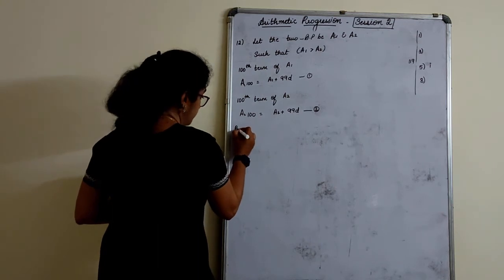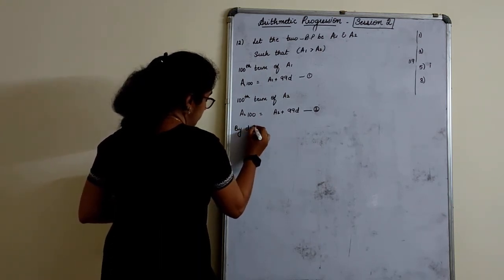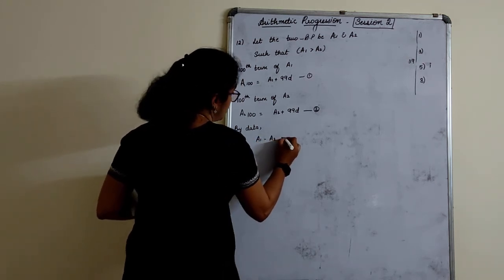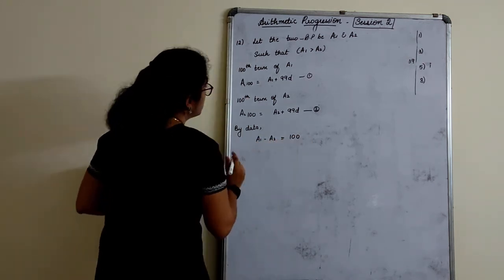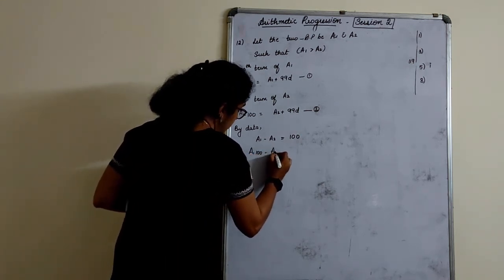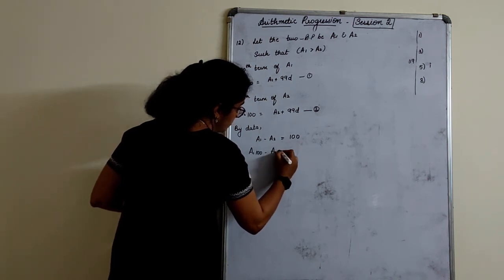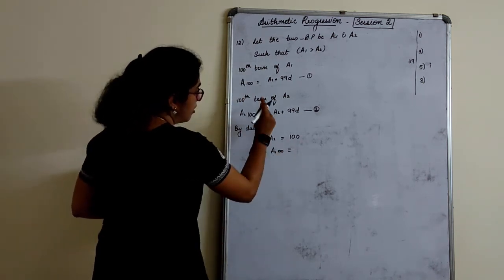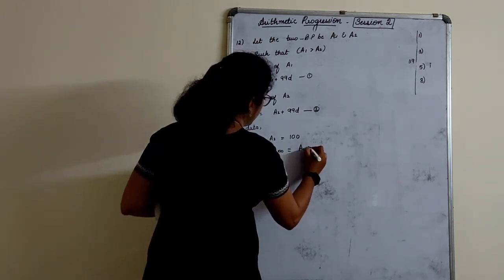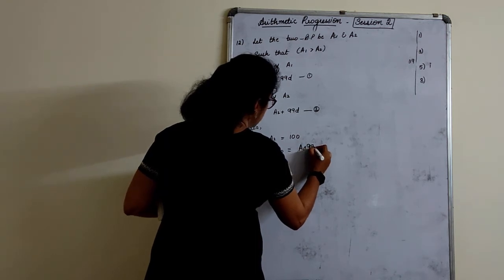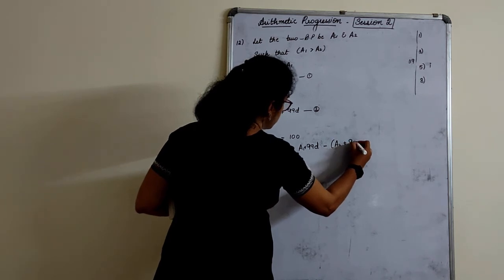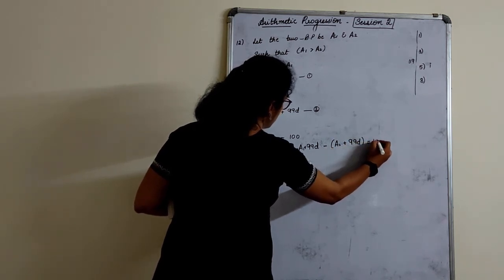By data, A1 minus A2 is equal to 100. What is this A1? So this is A100 minus this A200 is equal to, how do you write this A100 and A200? So this is A1 plus 99D minus A2 plus 99D is equal to 100.